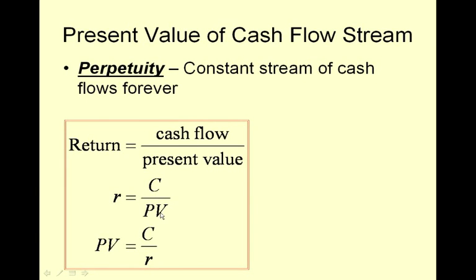This is really a conceptual look right now. If we solve this expression for the present value, what we get is the present value of an investment that has a constant cash flow is equal to the annual cash flow, C, divided by R, the discount rate.